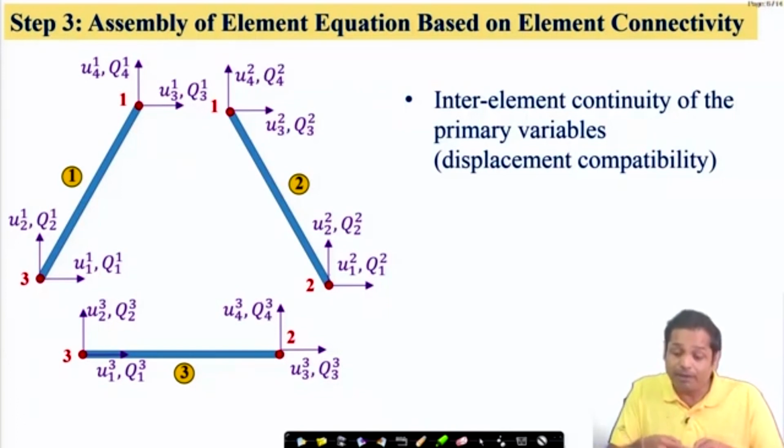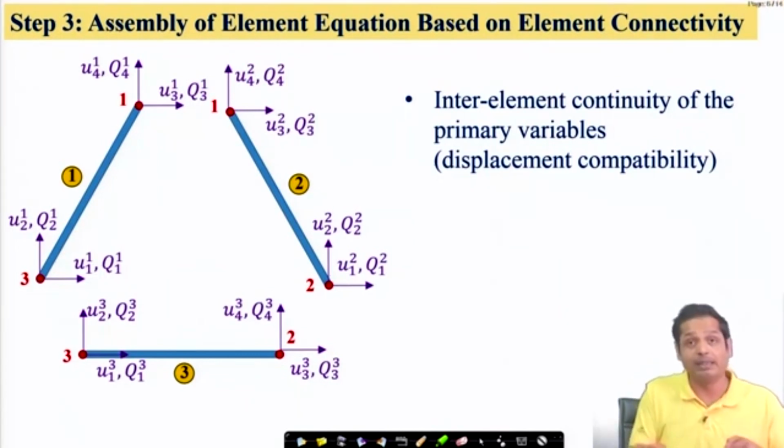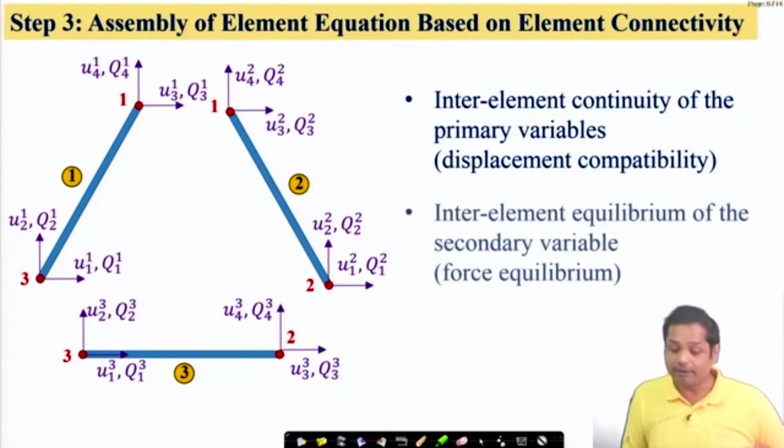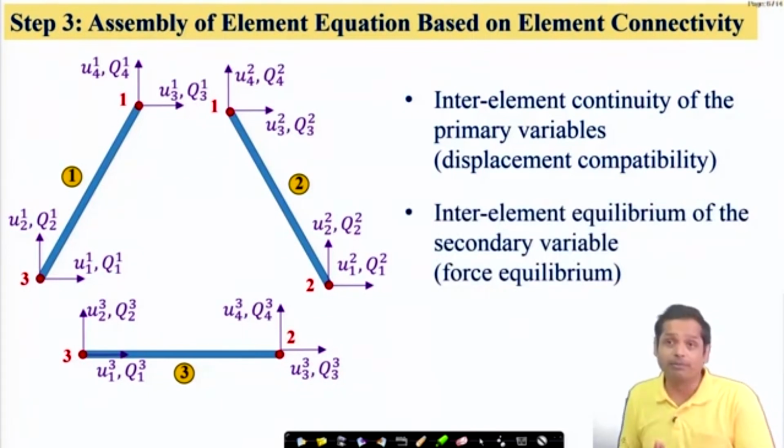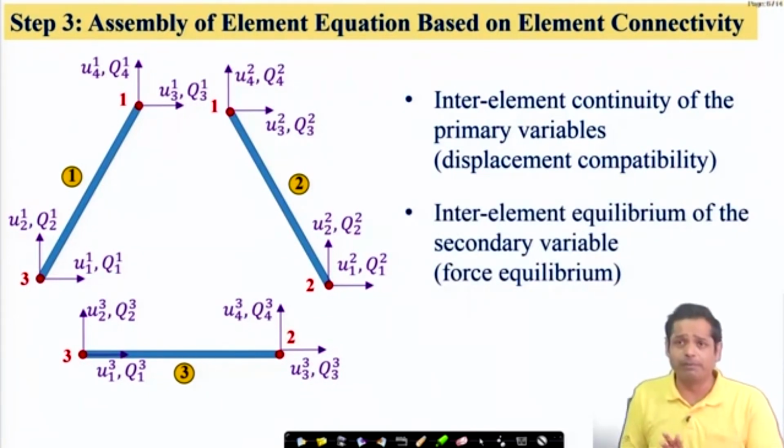In this case, the primary variable, this is called displacement compatibility. Before I tell you what displacement compatibility means in the context of this problem and how it is to be ensured, let us see the other criterion. The other criterion is the inter-element equilibrium of the secondary variable, meaning force equilibrium. If you recall, these are the two criteria you have used in solid mechanics, in elasticity, in structural analysis, in the matrix method of structural analysis.